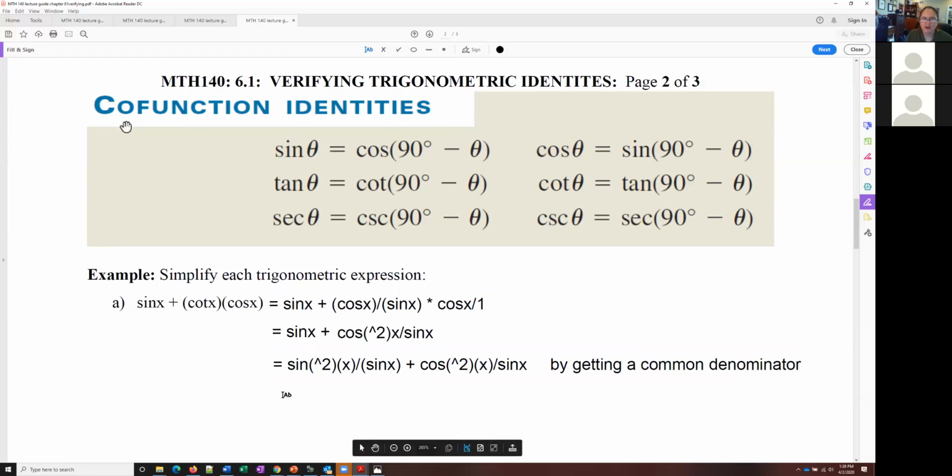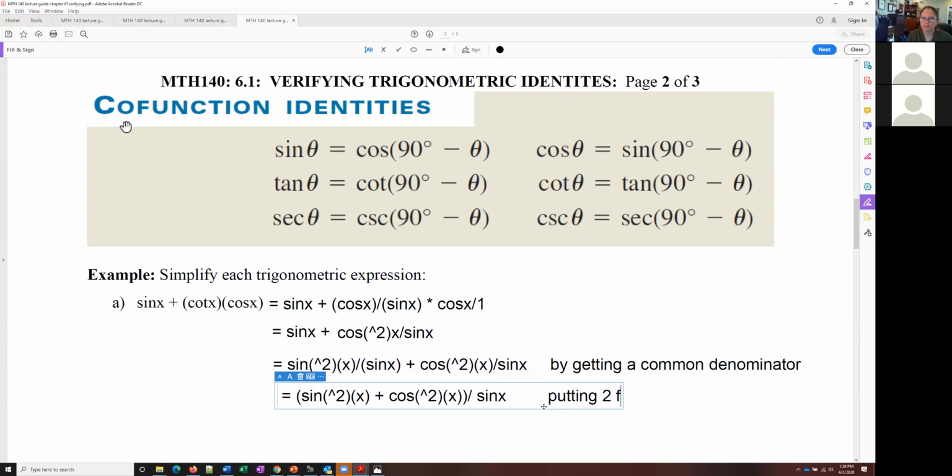Okay, so now, since the two fractions have a common denominator, I can write it as a single fraction. So I have sine squared of x plus cosine squared of x on the top, and on the bottom I have sine of x. But now think about the top of this.